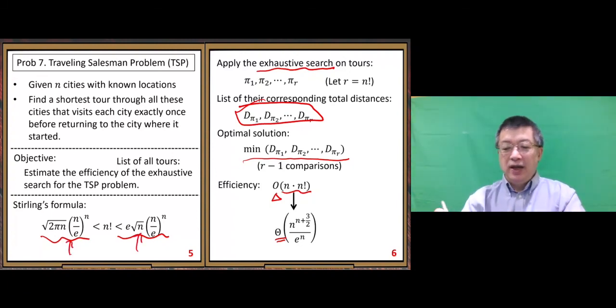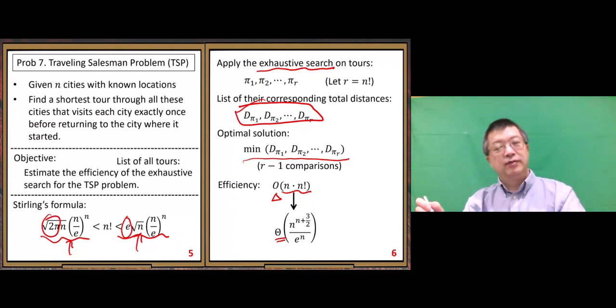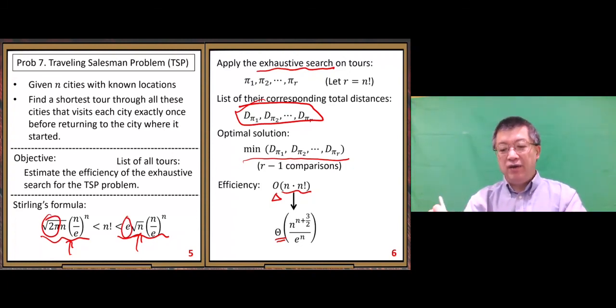Because the constant part is not important, we only look at the variable part and its exponent, n plus 3/2. Because we have times n, we have 1, and the square root of n gives 1/2.